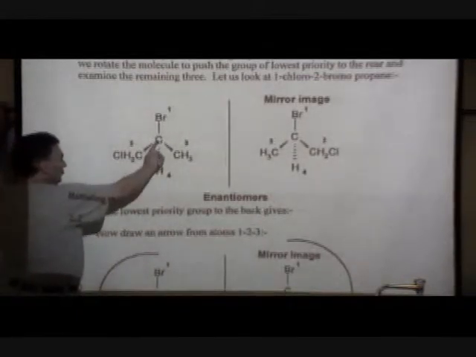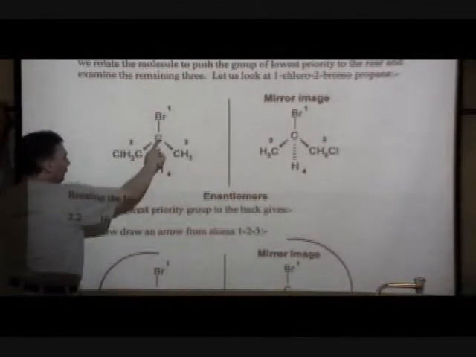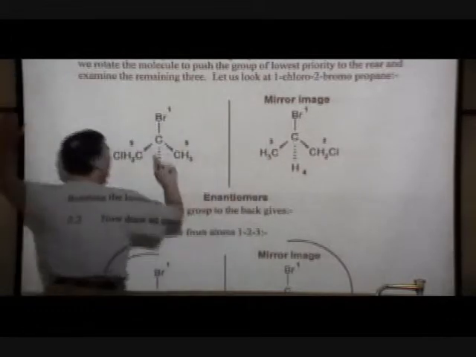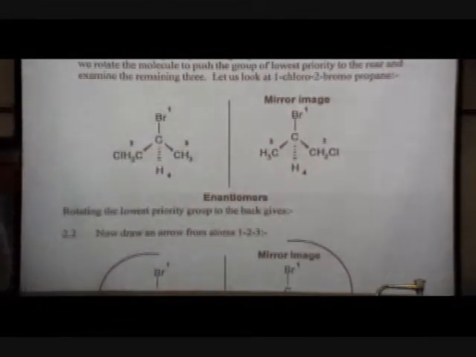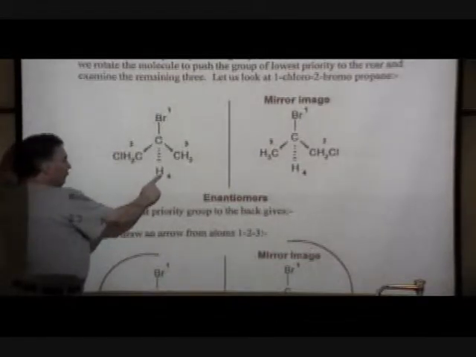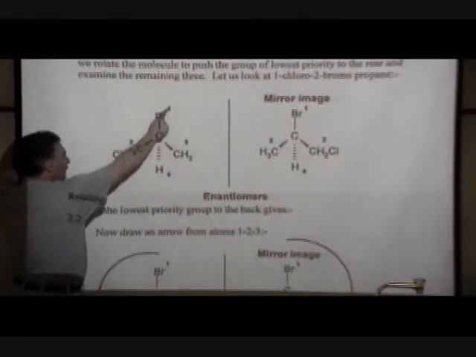So the chiral carbon sees a bromine, a carbon, a hydrogen, and a carbon, as does its mirror image molecule. We'll prioritize those 4 atoms directly attached to the stereo center. Lowest priority to the hydrogen, third place carbon, first place the bromine.